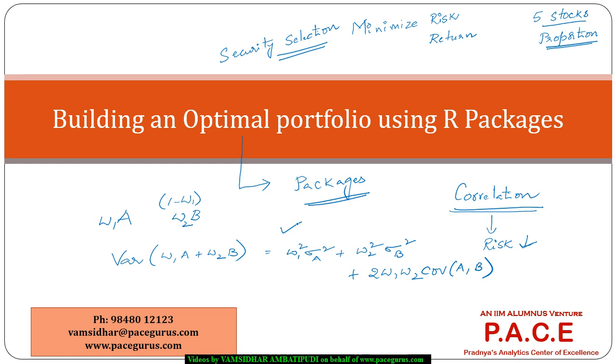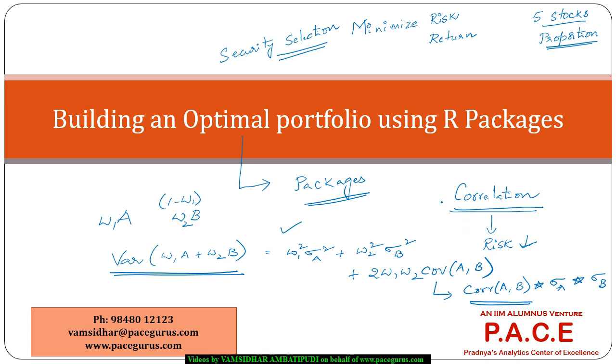The covariance in turn is based on correlation, because the covariance between A and B can be written as the correlation between A and B multiplied by the standard deviation of A multiplied by the standard deviation of B. So the higher the correlation, the higher the variance of the portfolio, and vice versa.